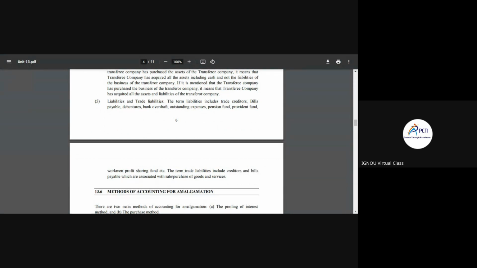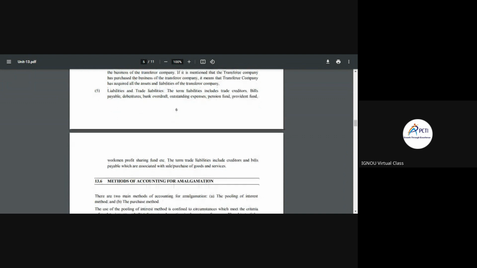The term trade liabilities include creditors and bills payable which are associated with sale and purchase of goods and services.